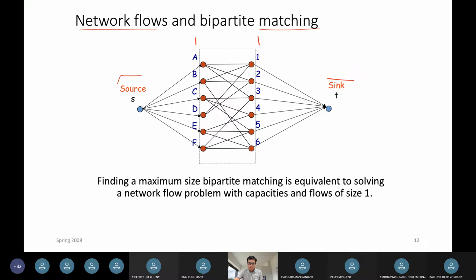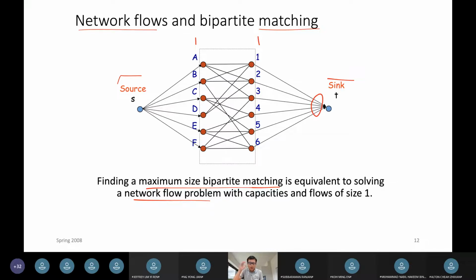Finding the maximum size of the bipartite matching is then equal to solving the network flow, so that we just see what is the maximum flow that can flow into the sink.